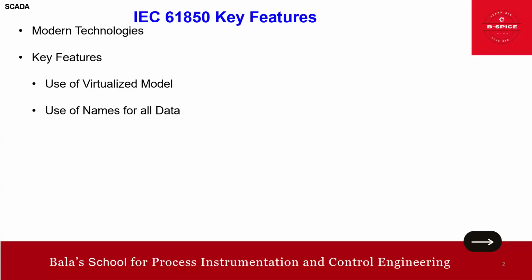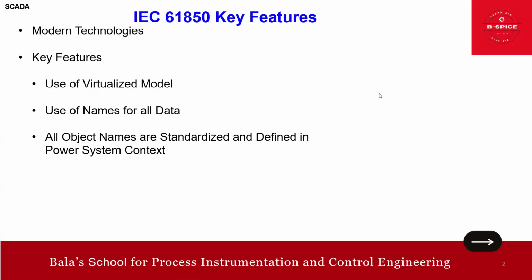Then, use of names. Every element of IEC 61850 data is named using descriptive strings. Legacy protocols, on the other hand, identify data by storage location using index numbers, register numbers, and so on. But here we are using descriptive strings. That is very easy, right?